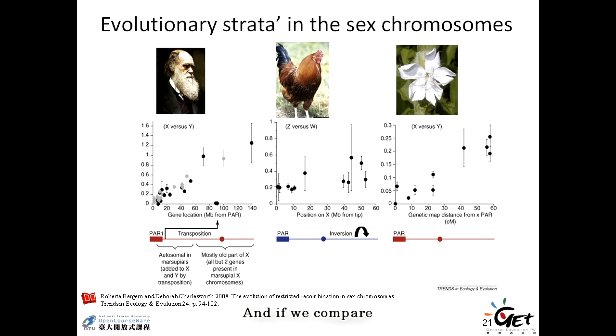If we compare the divergence between their XY chromosomes, we observe similar phenomena as in the human XY chromosomes. So evolutionary strata seem to be a general observation in different lineages, regardless of the fact that these sex chromosomes all evolved independently, because they are all very different and the sex determination is different as well.